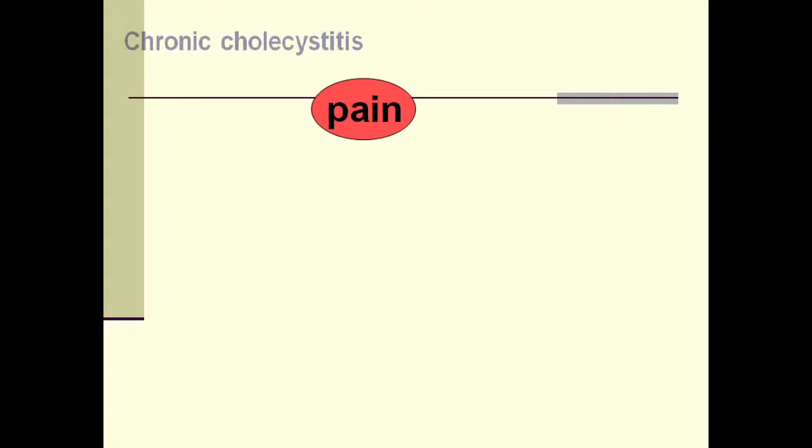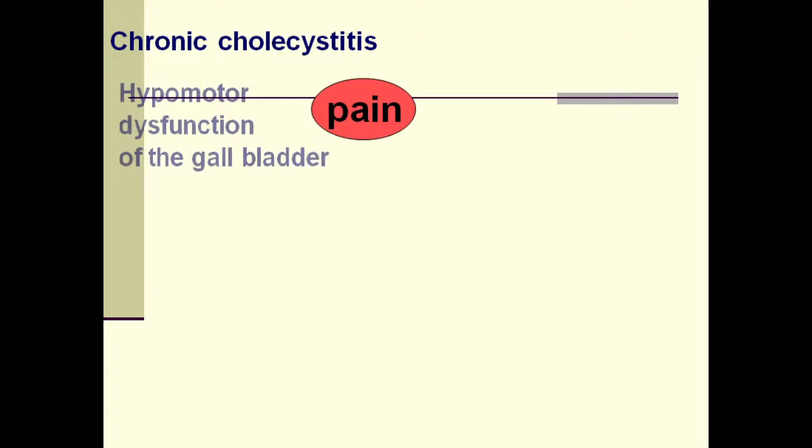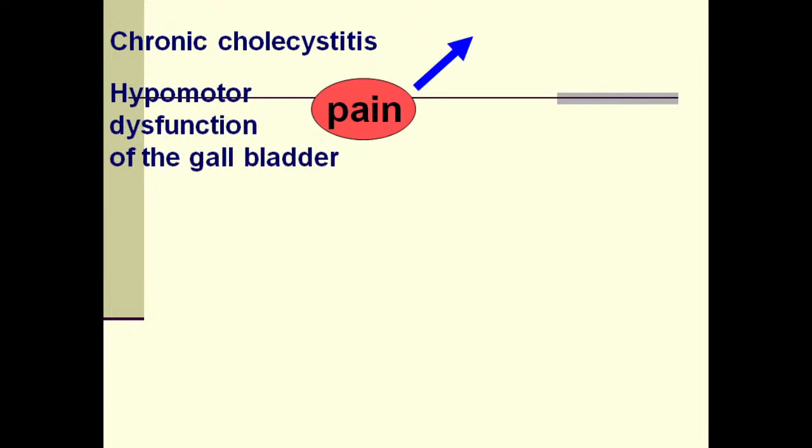If our patient has cholecystitis or hypomotor dysfunction of the gallbladder, pain will be distensional, because the affected wall of the gallbladder cannot adequately concentrate bile, its amount increases, and the gallbladder dilates. In hypomotor dysfunction, due to weak and slow contraction, some bile is also delayed in the gallbladder.